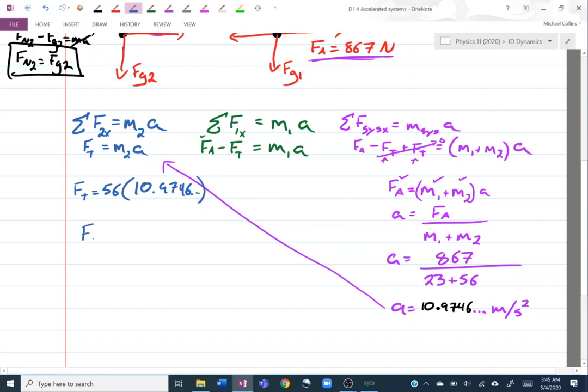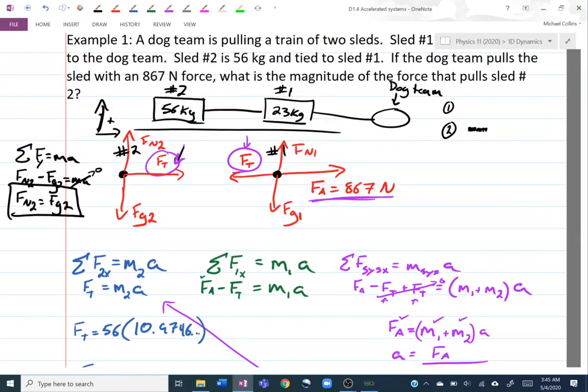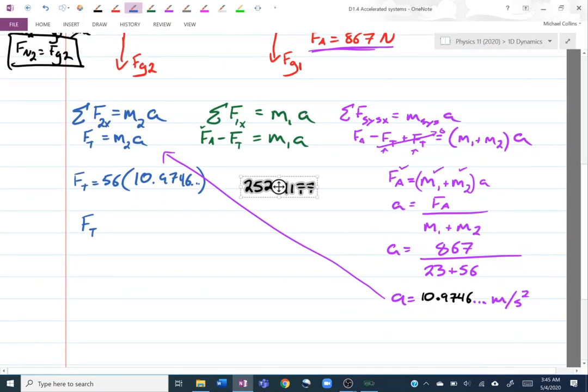And I find that my force of tension now is 252.417 newtons.